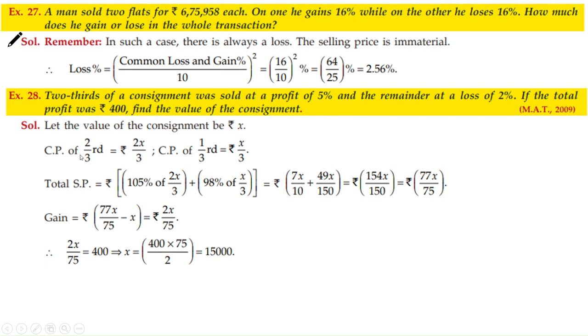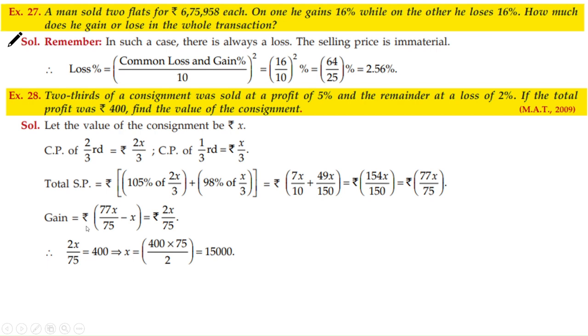Cost price of 2/3 equals rupees 2x by 3. Cost price of 1/3 equals rupees x by 3. Total SP equals 105% of 2x by 3 plus 98% of x by 3, which equals 7x by 10 plus 49x by 150, which equals rupees 154x by 150, which equals rupees 77x by 75.